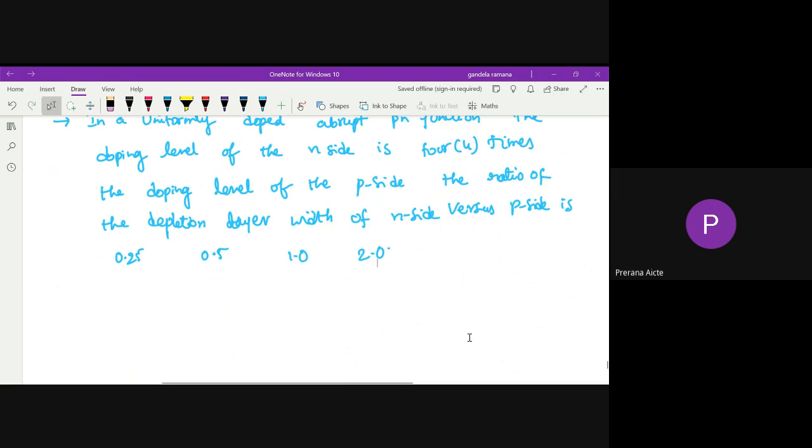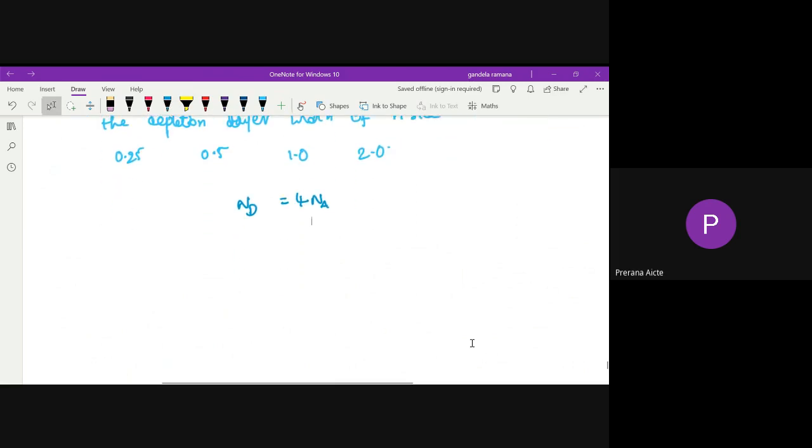So, related to the width of the depletion layer, the N side doping is 4 times the doping level, meaning Nd is equal to 4 Na. For that, the relation is Xn Nd is equal to Xp Na.